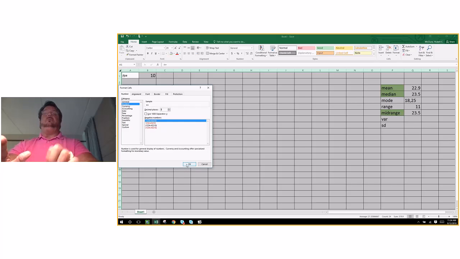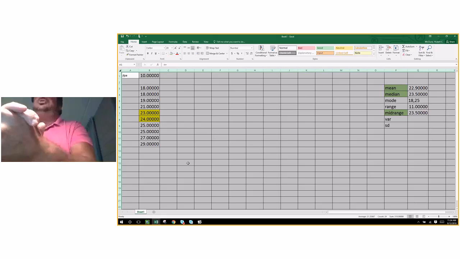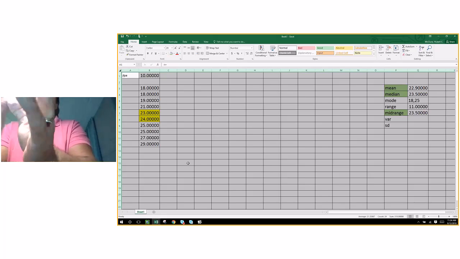5 is a good number because most questions in statistics are going to ask you to the 100th or the 10th. You round at the end of the problem. Right now, I've got all these decimals. I'm going to use them when I start dividing and doing stuff.